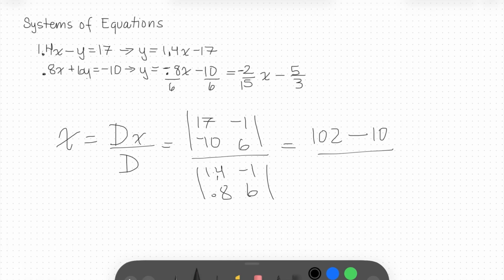And then on this bottom one, I would go this way, 1.4 times 6, and that would be 8.4, and then minus, I go this way, and that's negative 0.8, so that'll be minus a negative 0.8, and what do I get? I get 92 over 9.2 again, and that's equal to 10. x is 10.